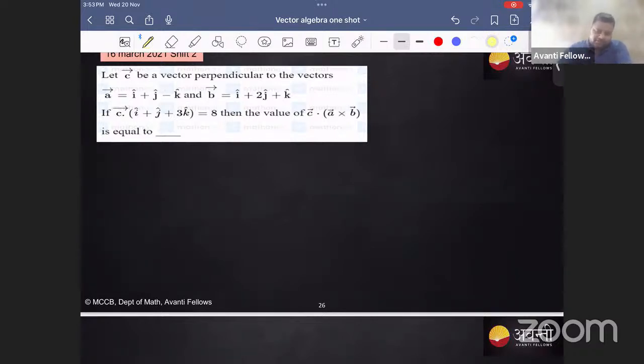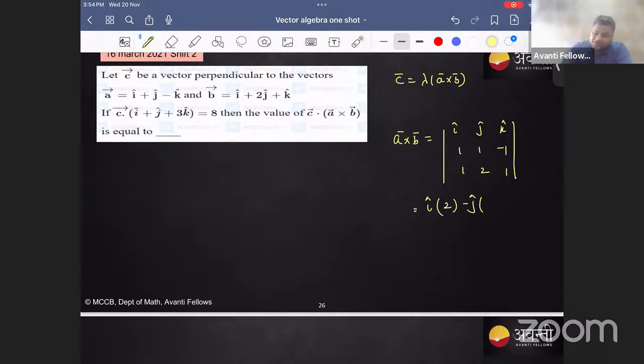Now see how easy it is. First of all, C is a vector perpendicular to A and B. That means C will be some lambda times A cross B, because A cross B is a vector perpendicular to both A and B. If you calculate A cross B, with I cap, J cap, K cap; 1, 1, minus 1; 1, 2, 1, it is 2I cap minus 2J cap plus K cap.